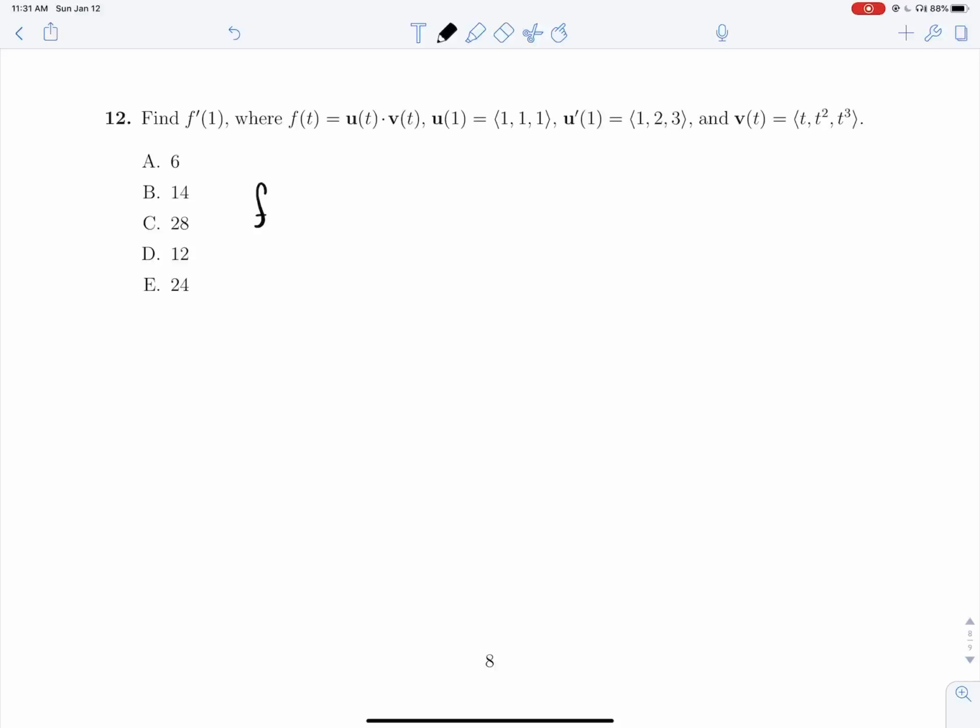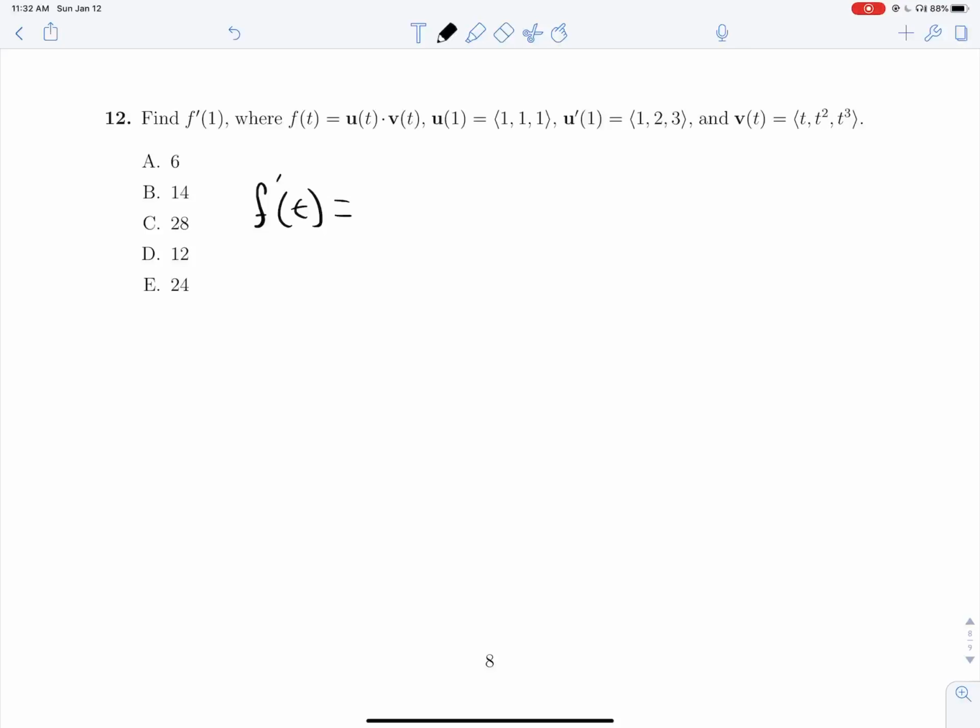So f prime of t is going to be, by chain rule. Sorry, my calc one is getting mixed up. By chain rule, I mean the product rule.